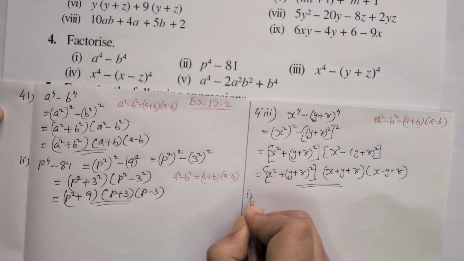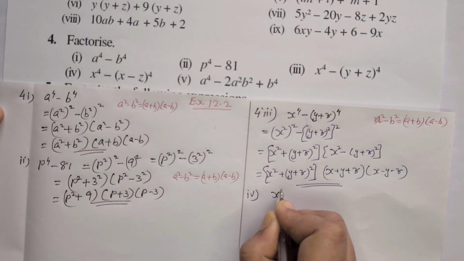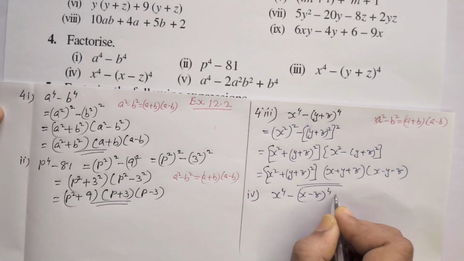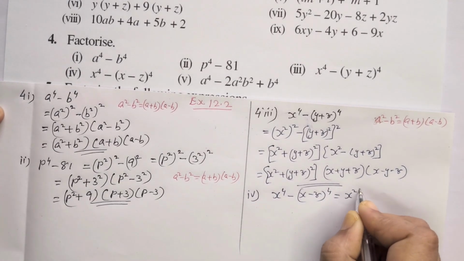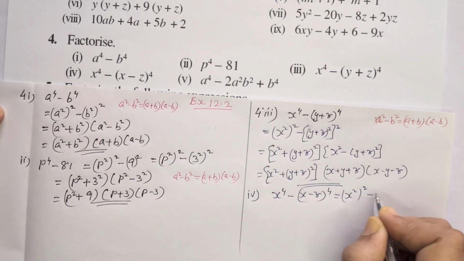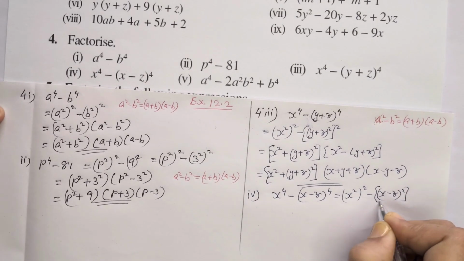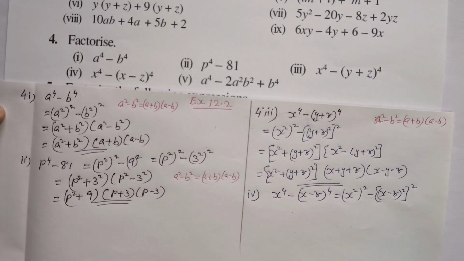Next one, fourth also the same way, x raised to 4 minus x minus z raised to 4. This we can rewrite as x square the whole square minus x minus z square the whole raised to 2.